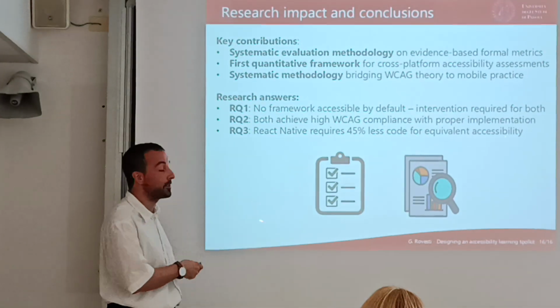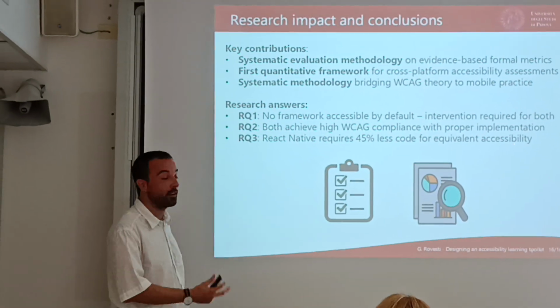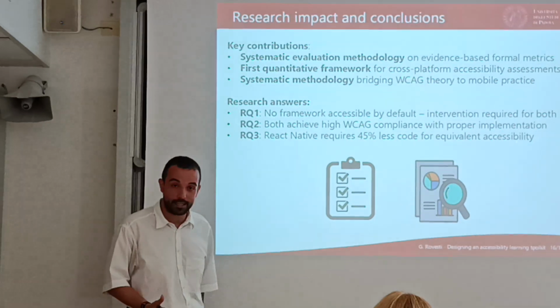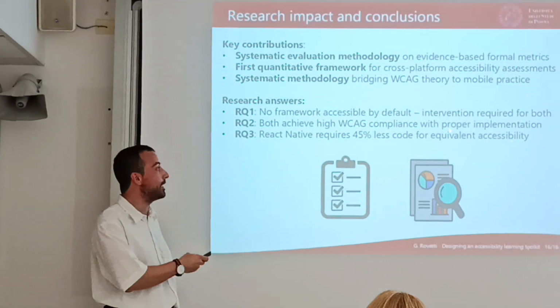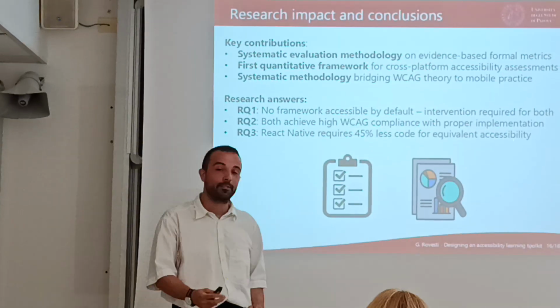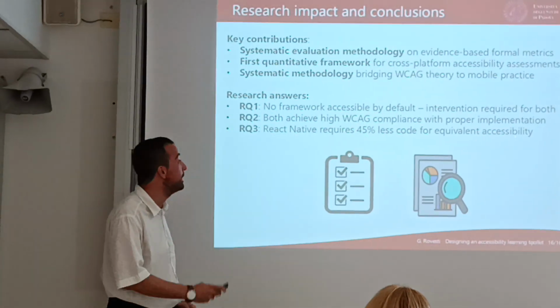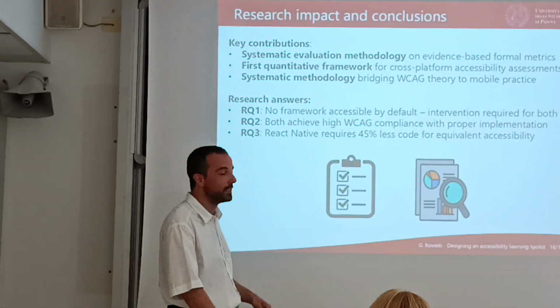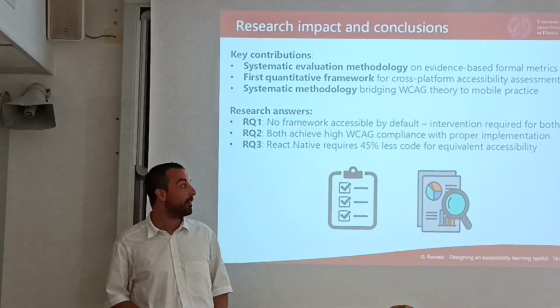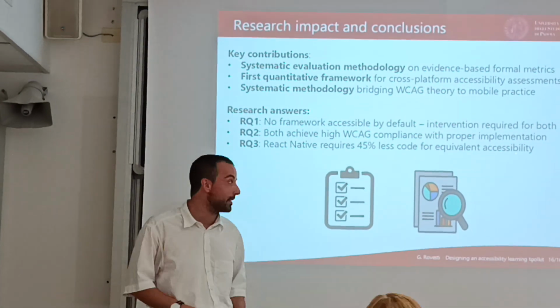In fact, answering the question before, no framework is accessible by default, which means that both require intervention. They can achieve equally high compliance, between 85 and a bit more than 90%, with React Native requiring 45% less code for the equivalent functionality that we have just discussed.